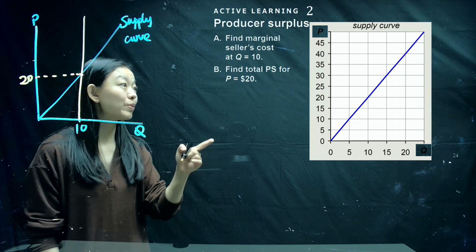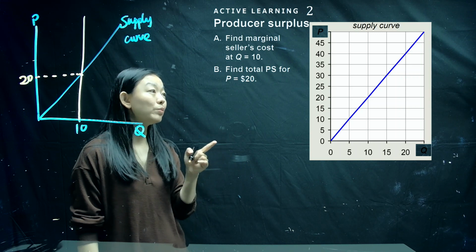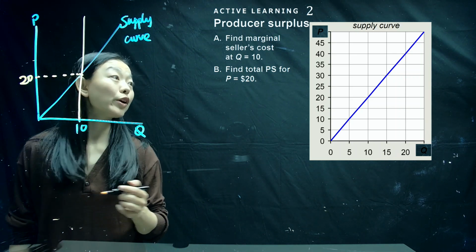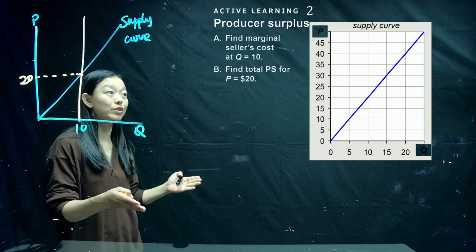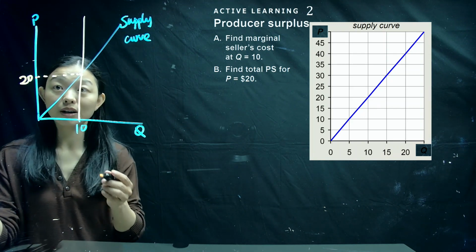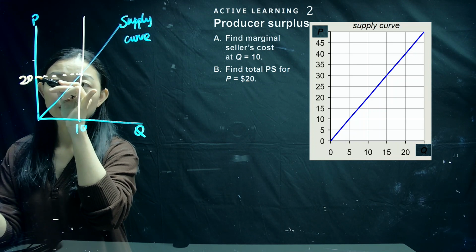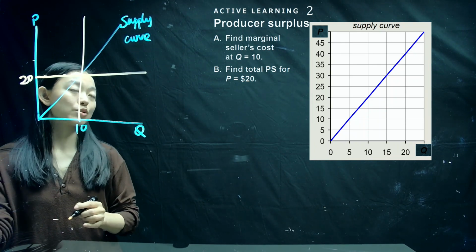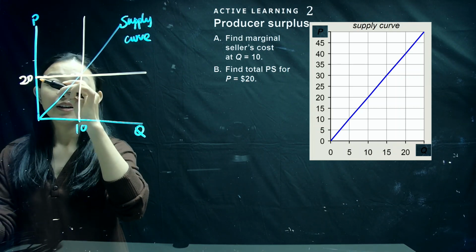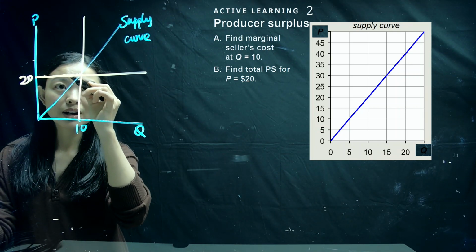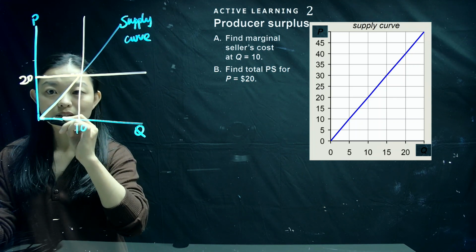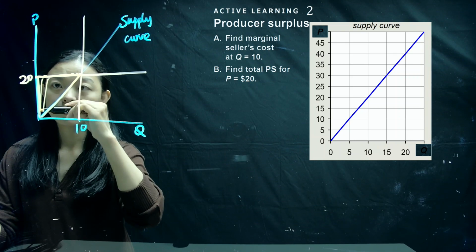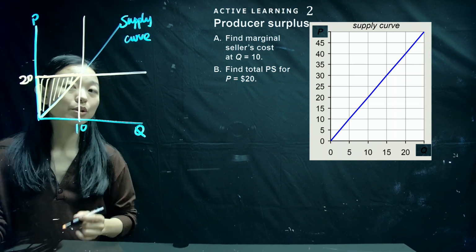And then it also asks you, please find the total producer surplus when the market price equals $20. Which part measures this total producer surplus? Remember, draw a horizontal line across this graph, and then the area below this market price and above the supply curve, this part, measures the total surplus.